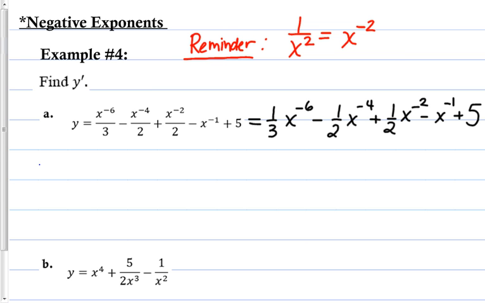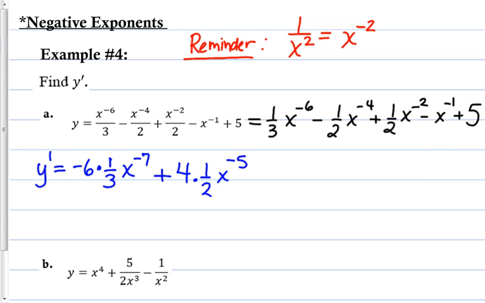All right, I'm going to derive. y prime equals, just like before, bring the negative 6 to the front. So negative 6 times 1/3. The x is there. I'm going to subtract 1, so now I end up with negative 7. Minus, bring the 4 to the front, but it's a negative 4. So this becomes plus, and there's my 4 times 1/2 x, subtract another exponent.